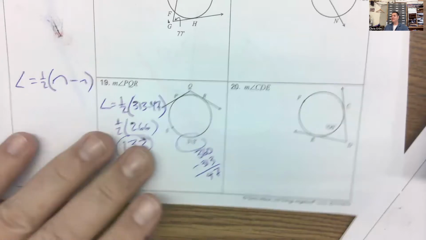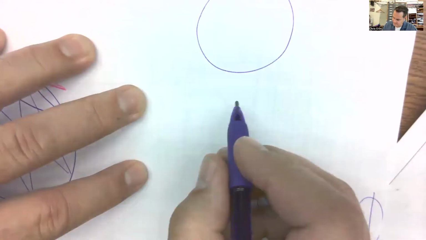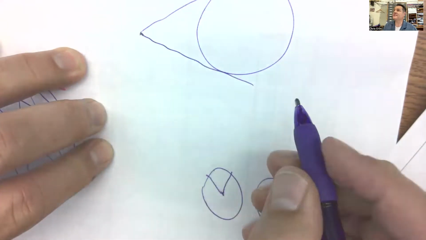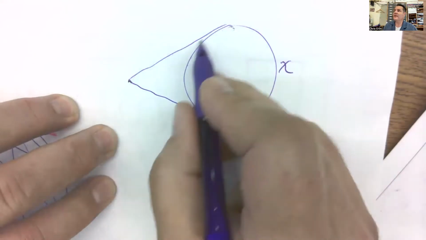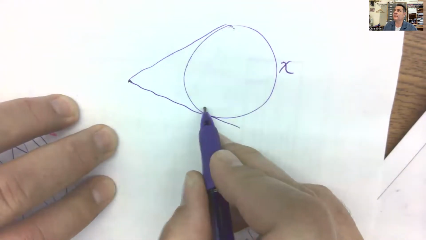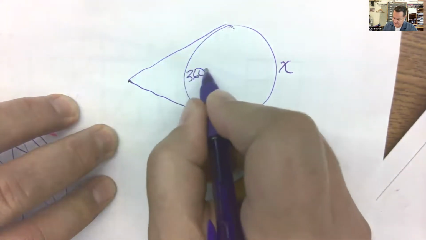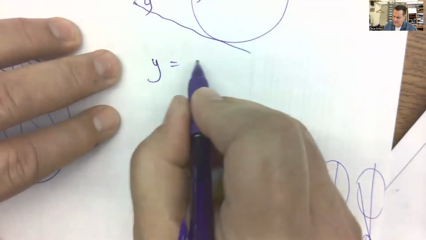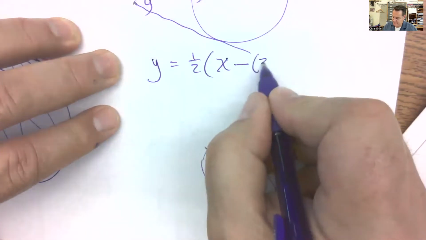Does that always happen? Let's see. In the event that I've got two tangents, and we know that this arc is X, how big is this arc relative to that? 360 minus X. And if we're looking for Y over here, what we're saying is that Y is 1/2 of this big one minus this littler one.